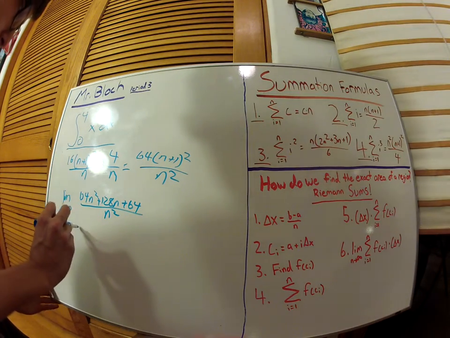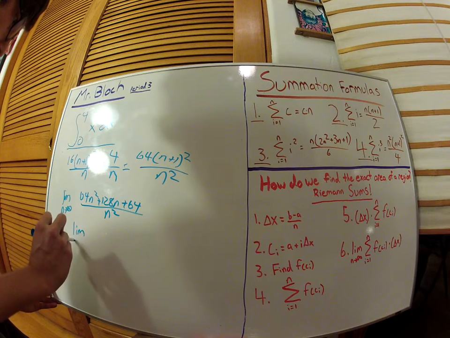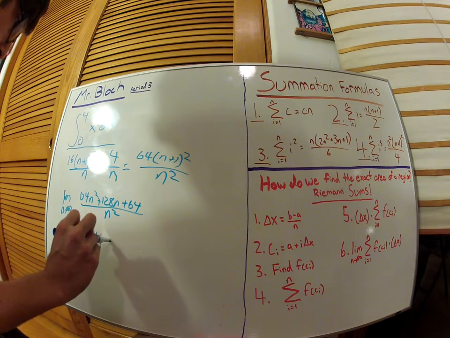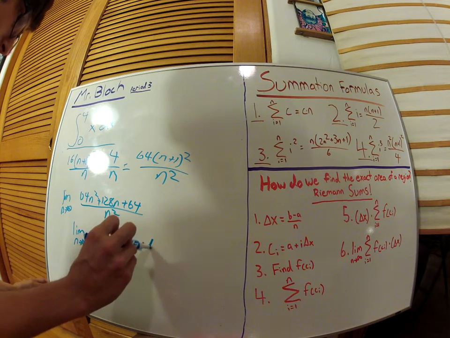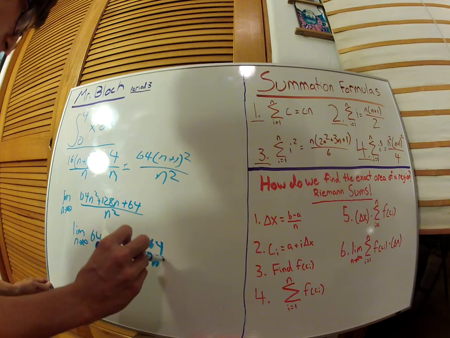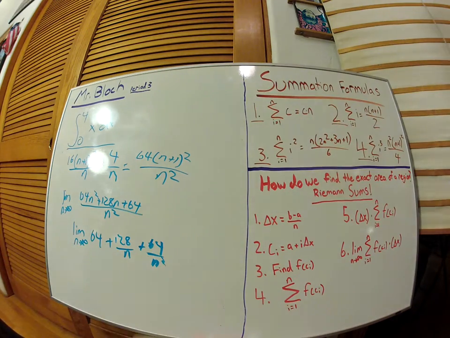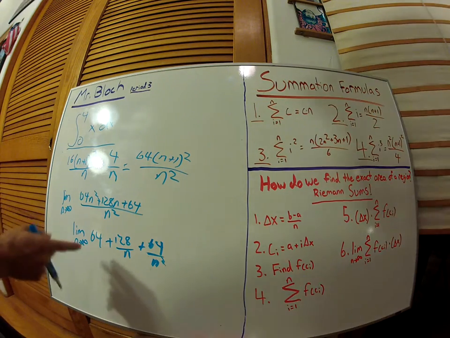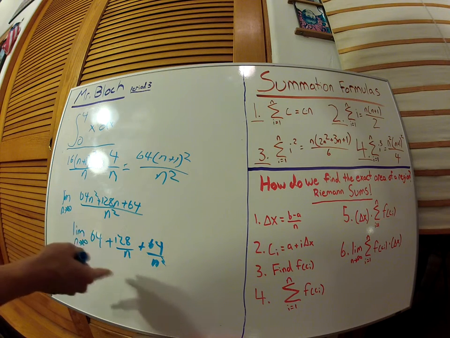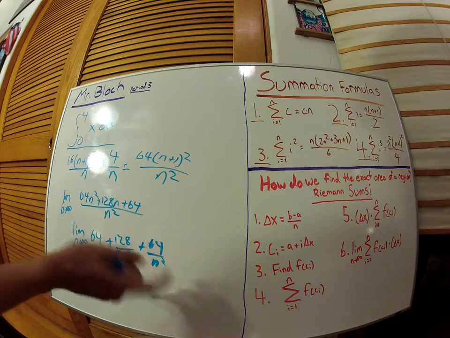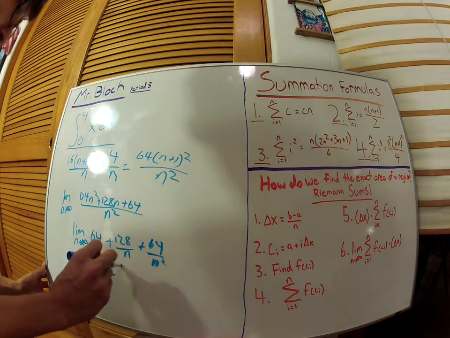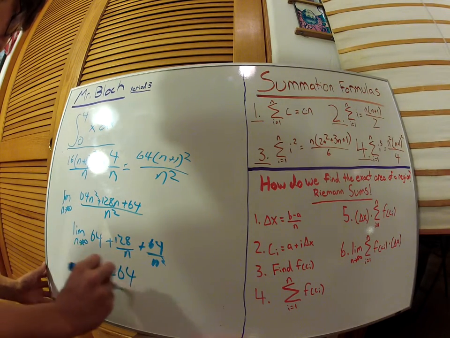This is equal to, as n goes to infinity, 64 plus 128 over n plus 64 over n squared. And as we know now, any number over infinity is 0. So we plug in infinity there, we get 64 plus 0 plus 0. There's the magic number, 64.